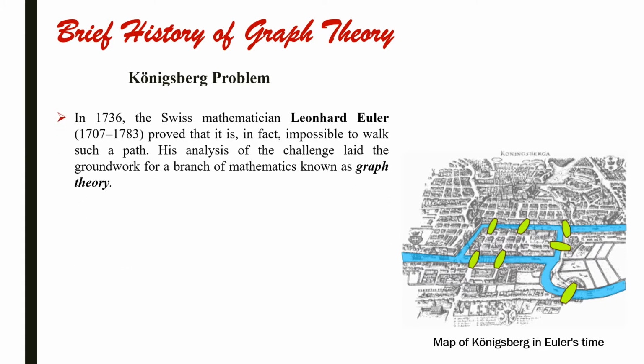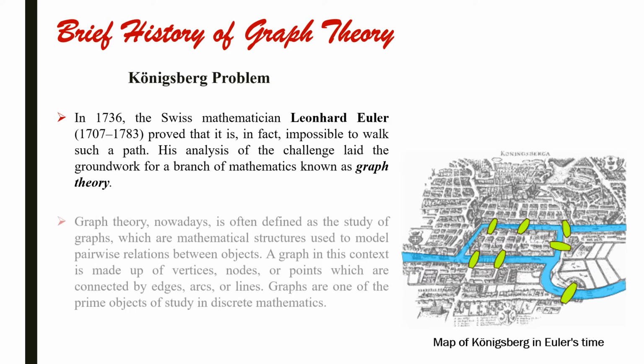In 1736, the Swiss mathematician Leonhard Euler proved that it is in fact impossible to walk such a path. His analysis of the challenge laid the groundwork for a branch of mathematics known as graph theory.